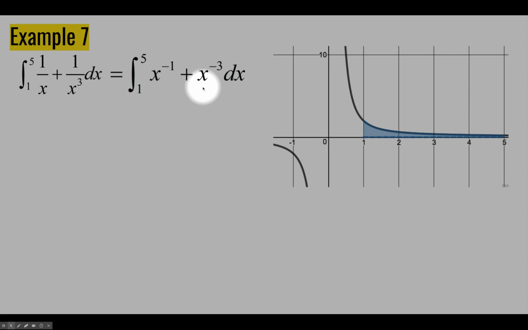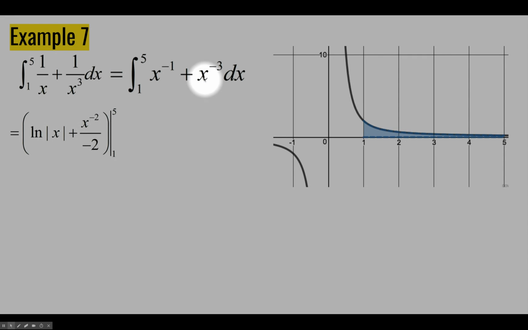But if we think about this first term as being associated with the natural log, and we think about this second term, x to the minus 3, as being associated with the power rule, then we can find the antiderivative of both of these two pieces. When we do that, we would say the antiderivative of 1 over x is the natural log of the absolute value of x.